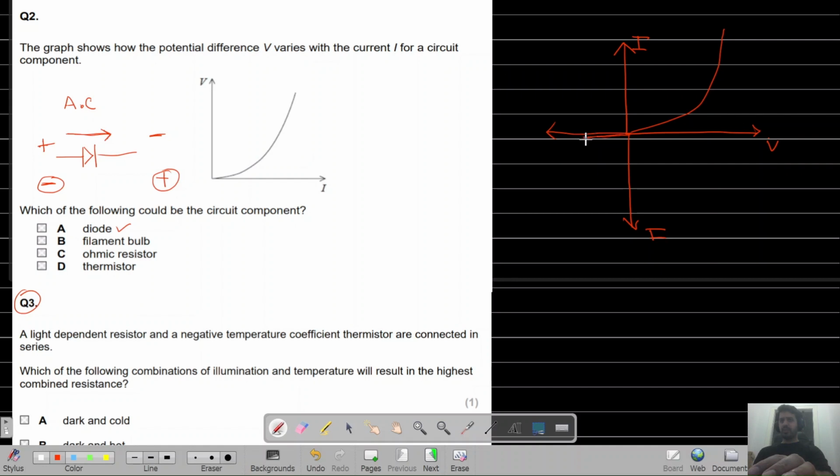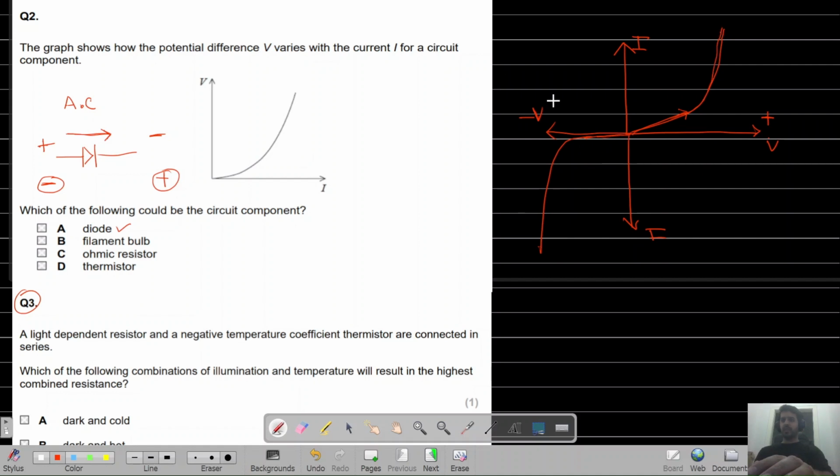But if you increase the voltage to such a high value that this circuit component breaks, then the current will shoot and the graph will look like this. So you can see in the positive direction on this side of the voltage, the current is increasing linearly. And then again, if you increase the voltage beyond a specific value, the current will shoot.